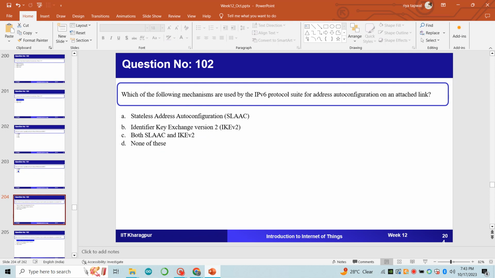Answer C. Anyone else? Correct option for this is A, that is Slack, stateless address auto configuration.